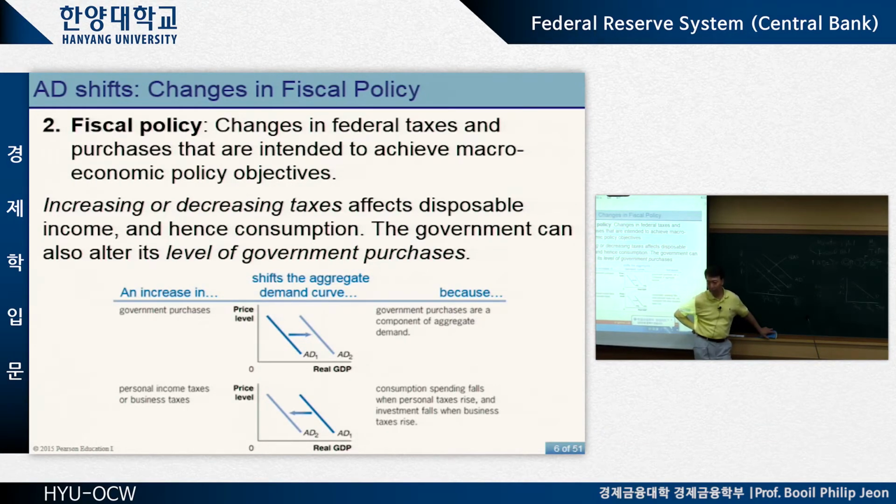Why would the government want to do that? Why would the government want to make the economy weaker, reduce the output and income, and increase unemployment? Right? Any idea?